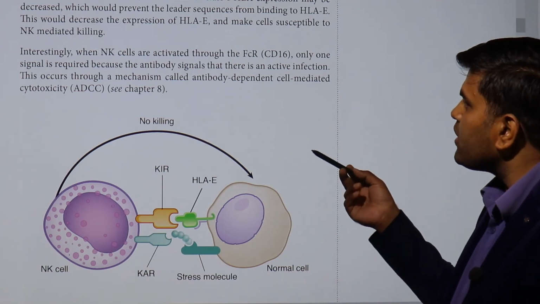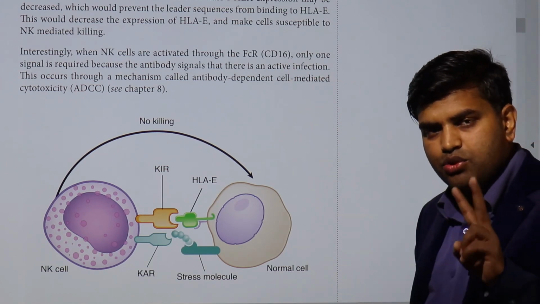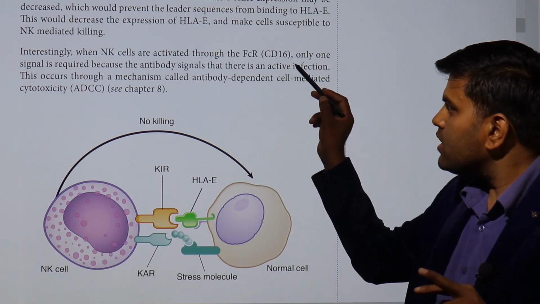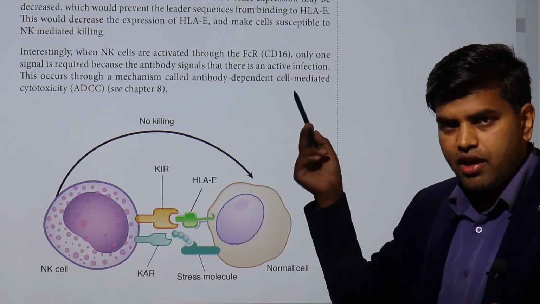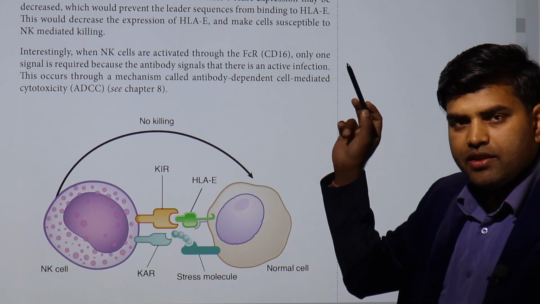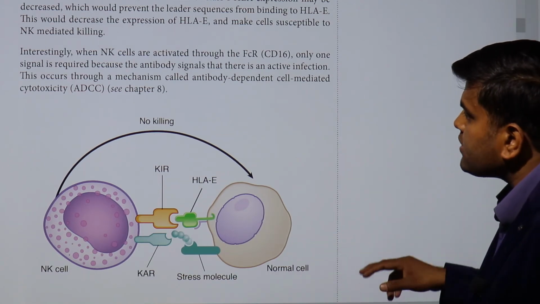So this is antibody mediated, and that will bind to the CD16. The NK cell has two receptors, CD56 and CD16. If they bind with the CD16, they will directly kill that cell by ADCC. If they bind with the CD56, which we have talked about, with killer activating and killer inhibitory receptors, they kill the cell. So there are different mechanisms.